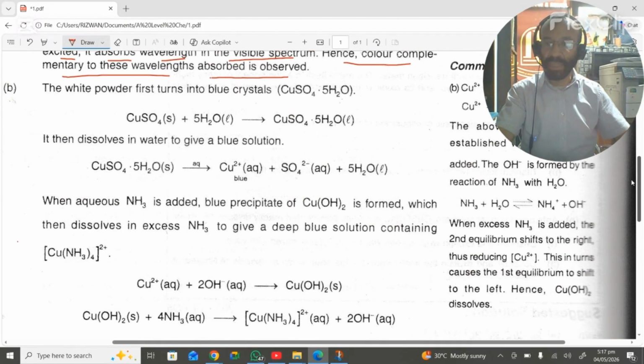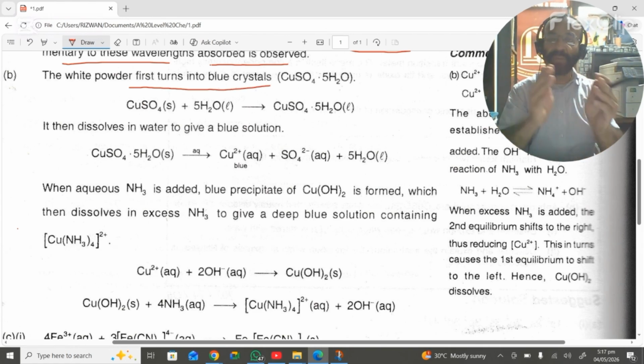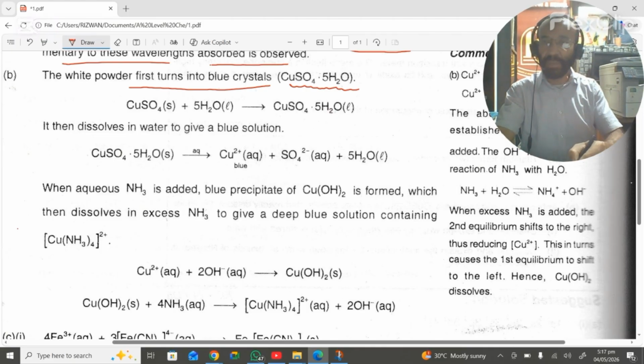Concentrate now. The white powder first turns into blue crystals when it reacts with the water. So copper sulfate plus water forms the blue crystals.